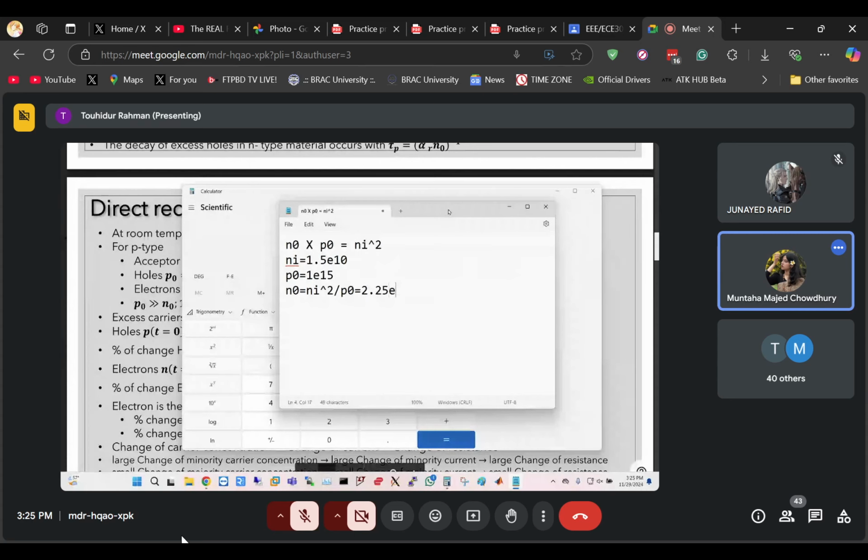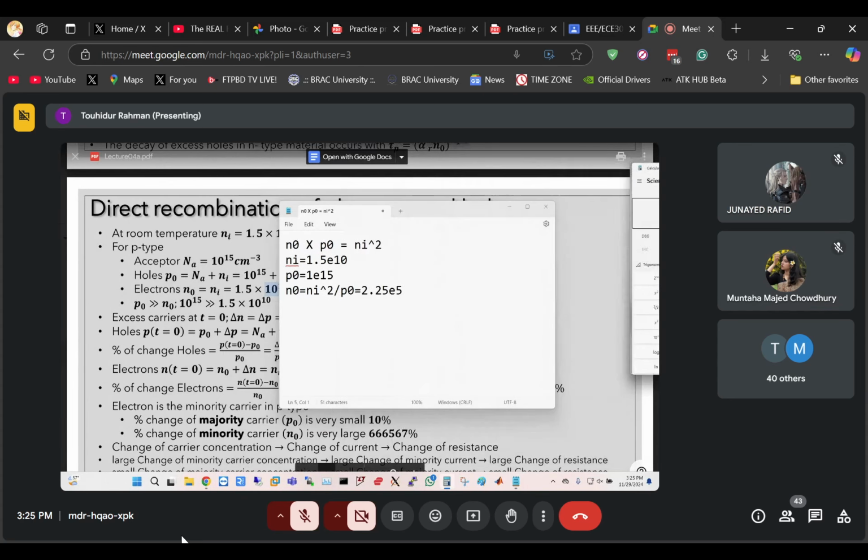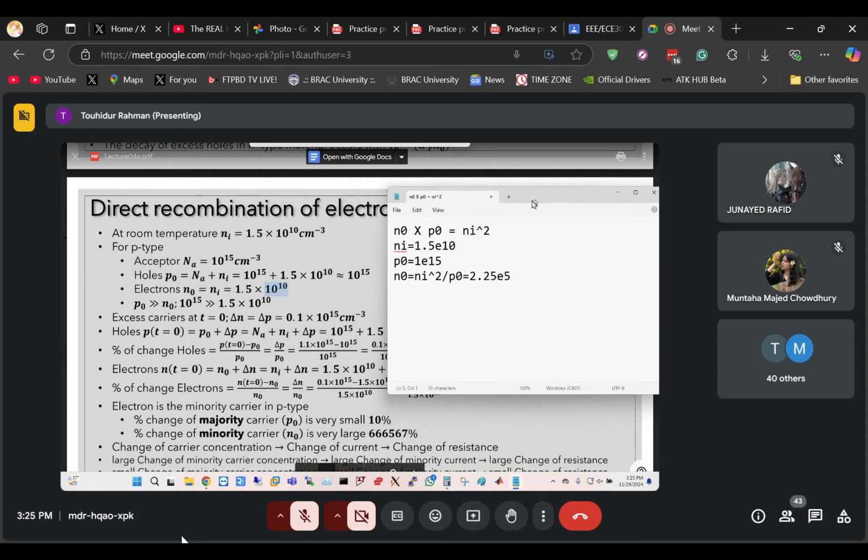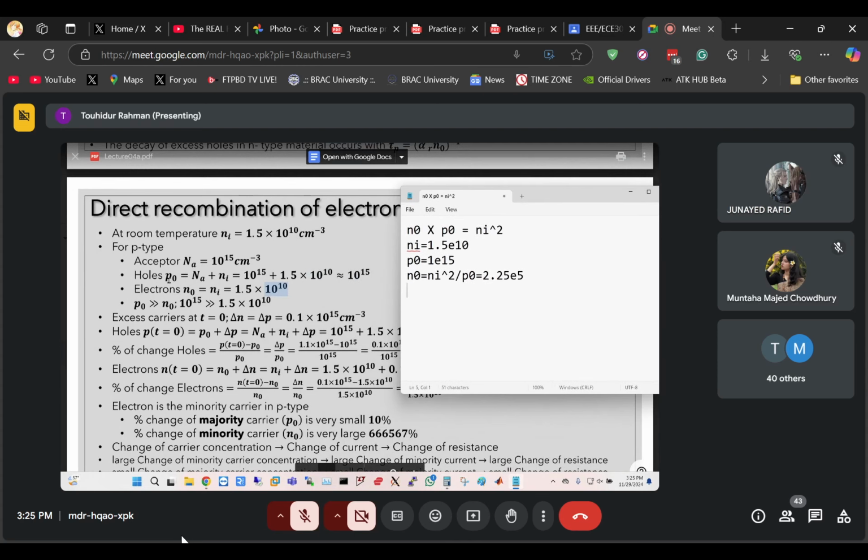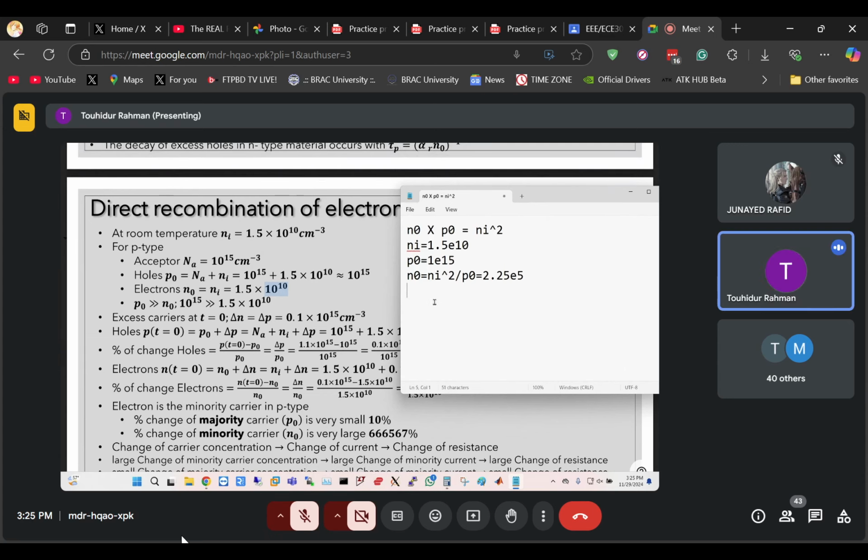2.25 E5. Okay. Now, if we go back to our lecture, as you can see, P0 is equal to Na plus Ni. Now, similarly, we can write N0 equal to, we do not have Nd, right?